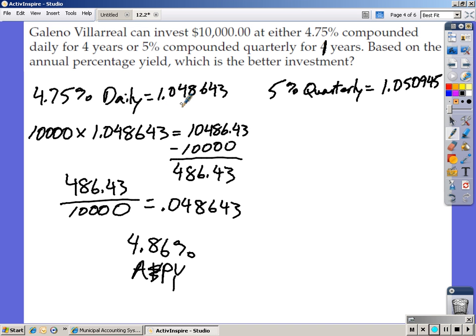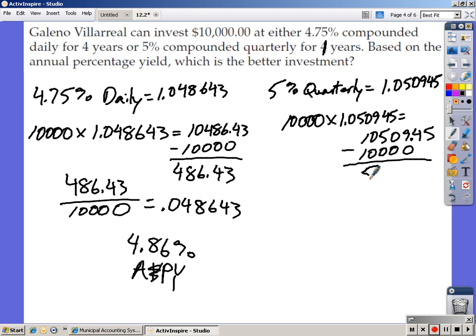Okay, so I'm going to work this problem out, but I'm going to tell you right now, I think my answer is going to be 5.09% APY. Okay, so let's try it. Take 10,000 times 1.050945. Okay, you're going to get 10,509.45. Subtract your original 10,000.